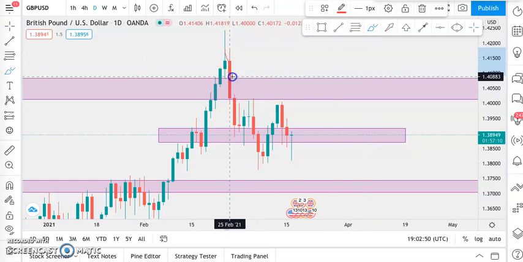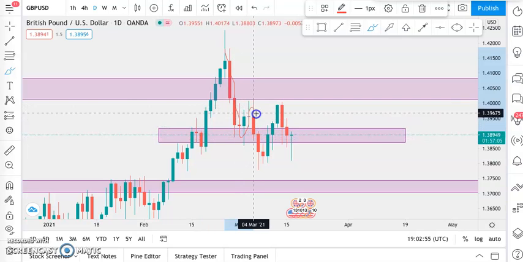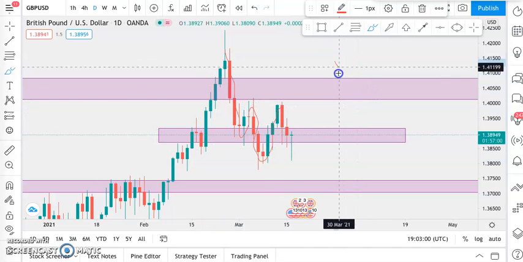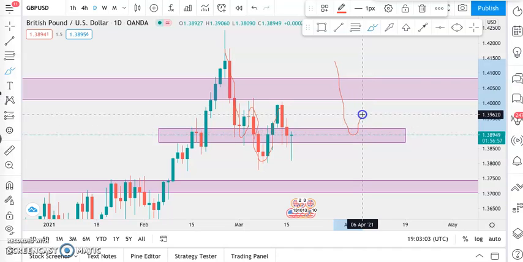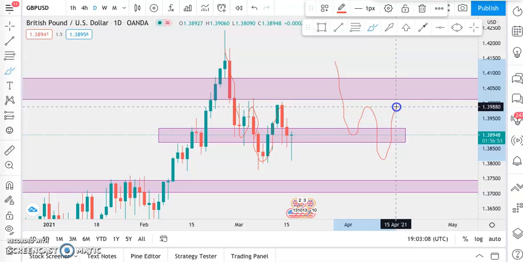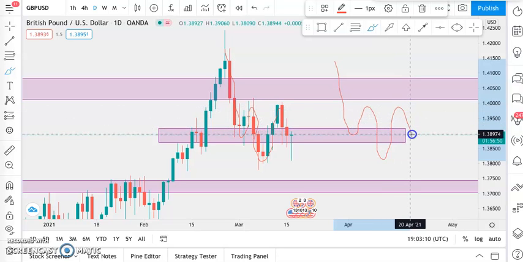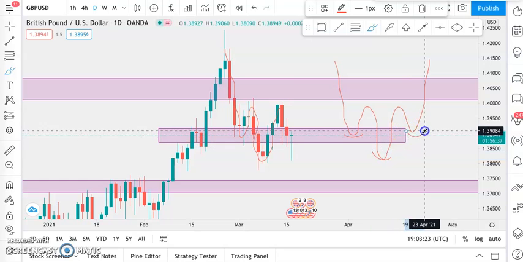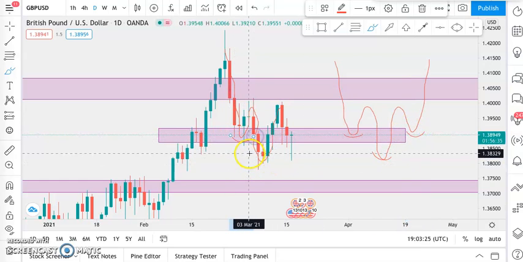An impulse to the downside, a correction, and another lower low but equal high. Now, when you see a market that has made this correction to the downside but created another lower low and an equal high, then what you do expect is for the market to make another retracement to the downside before impulsing to the upside, possibly for the creation of this inverse head and shoulders pattern here, which of course is what might occur.